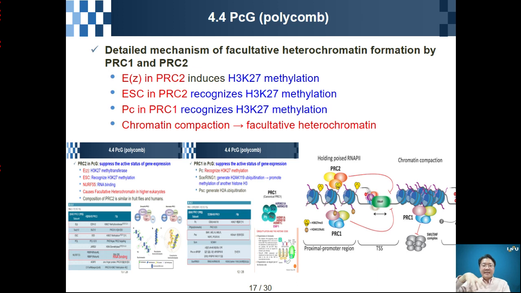So when they exist in a complex, they exhibit H3K27 methyltransferase activity, and also ESC can recognize H3K27 methylation. Okay. So we learned some specific mechanisms of facultative heterochromatin formation by PRC1 and PRC2.